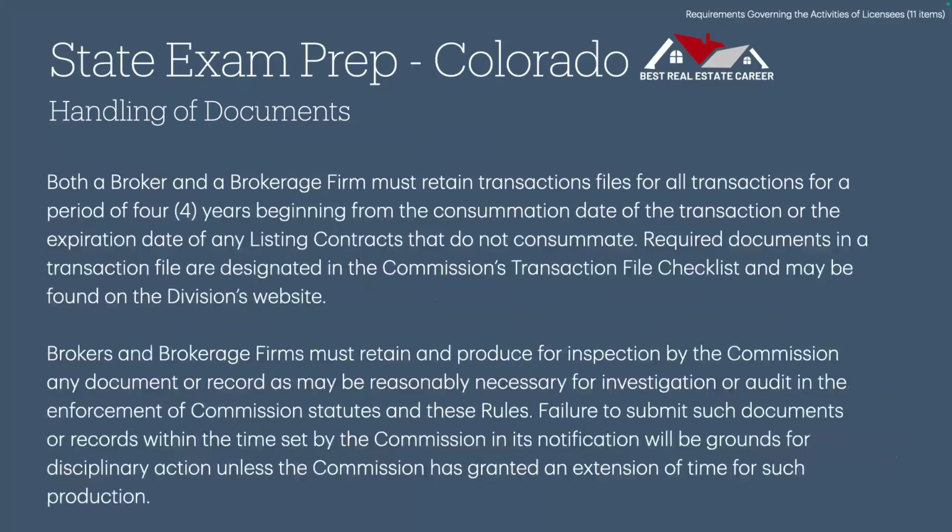The next section in here is this handling of documents. Both a broker and a brokerage firm must retain transaction files for a transaction for a period of 4 years, beginning from the consummation date of the transaction or the expiration date of any listing contracts that do not consummate. Required docs in a transaction file are designated in the commission's transaction file checklist and may be found on the division website.